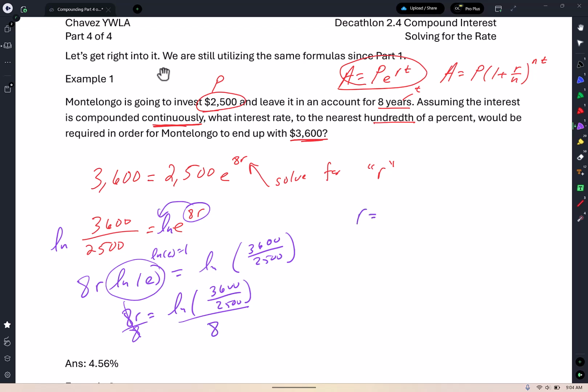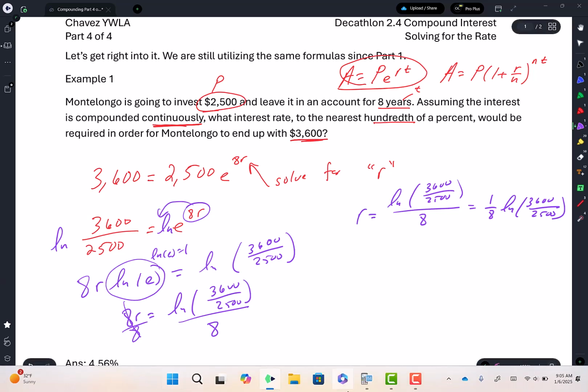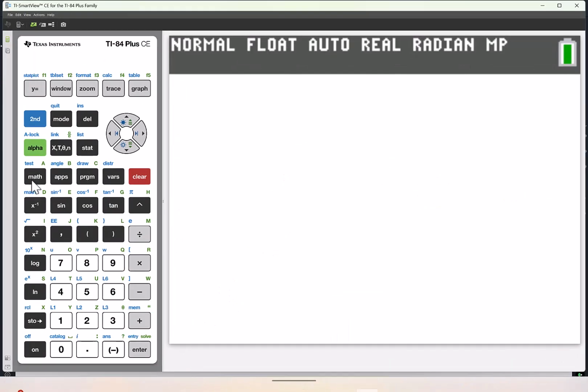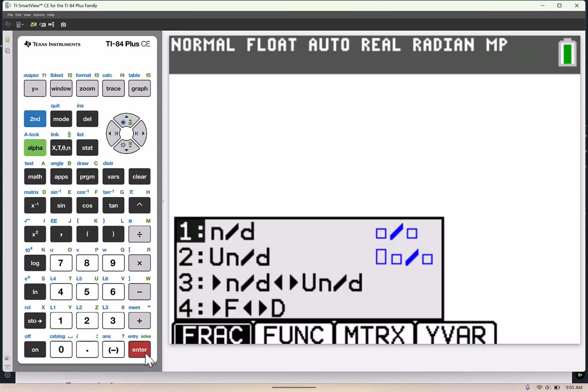I'm going to type that in the calculator. So r equals ln of 3,600 divided by 2,500, all this divided by 8. You could have put a 1/8 in front of it if you wanted to. Let me take my calculator and use the fraction feature.